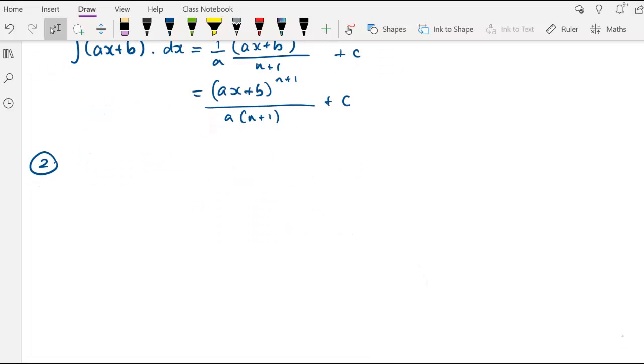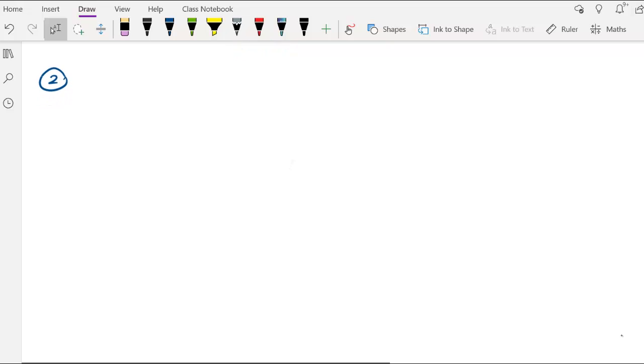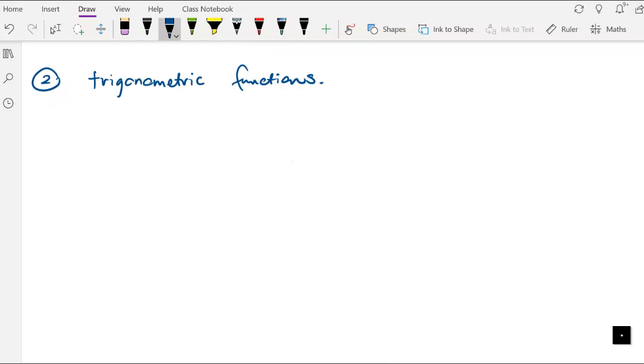The second general rules we're looking at are trig functions or trigonometric functions. Specifically, we're looking at the integral of sine x with respect to x. So if we remember that the derivative of sine x is cos x, the integral will be negative. It will be negative cos x plus c.